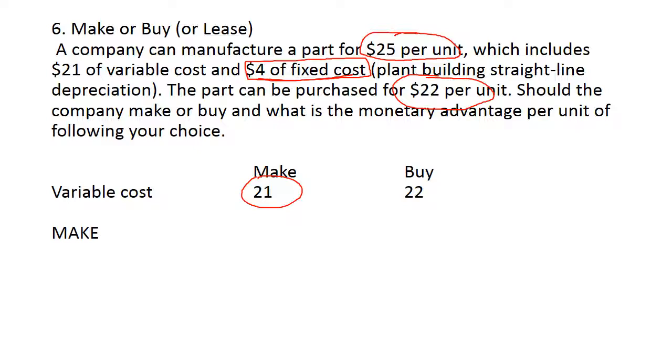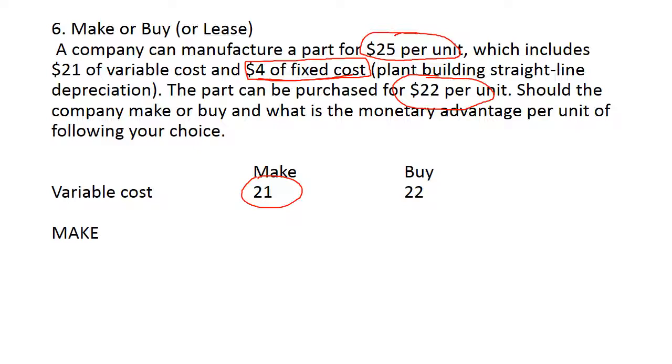Because that depreciation expense, even if we buy this cost externally, we're still paying that $4 of fixed cost. So if we buy them externally, it's going to be costing us the 22 that we're paying plus the $4 of fixed cost, because we may not be using that for anything else.